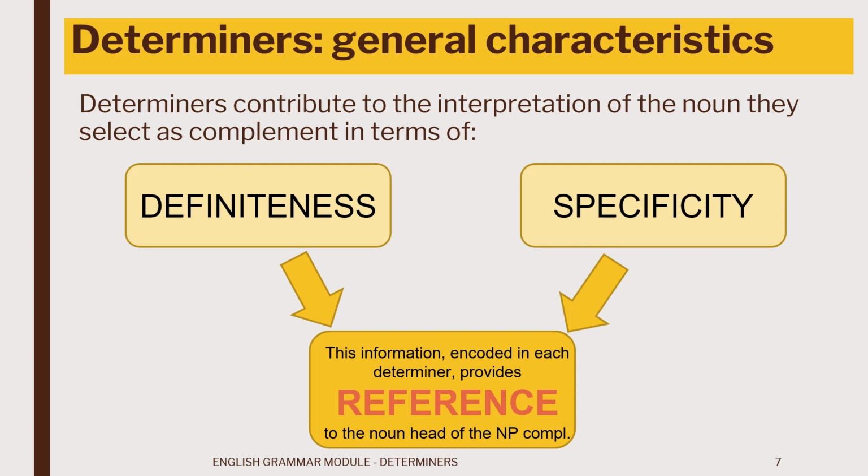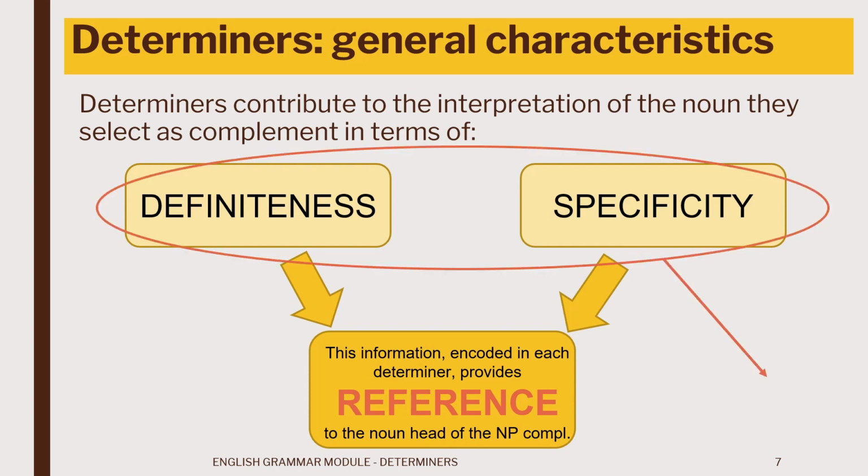The combination of definiteness and specificity provides reference to this noun head. To make it clear, this information, which is encoded in each subtype of determiner, provides reference to the noun head of the noun phrase complement. All right? And this is what we labeled as grammatical information.